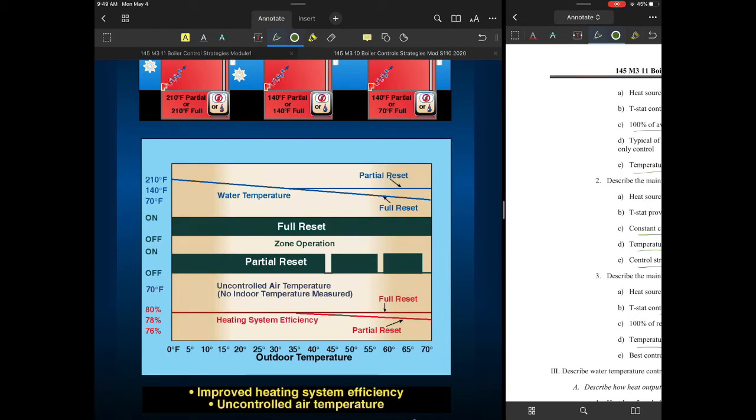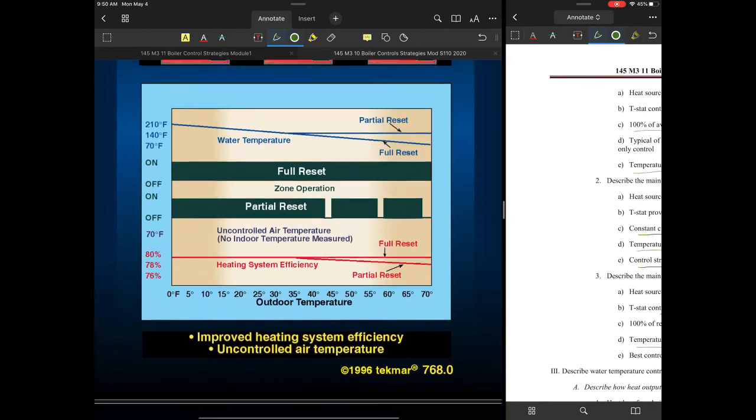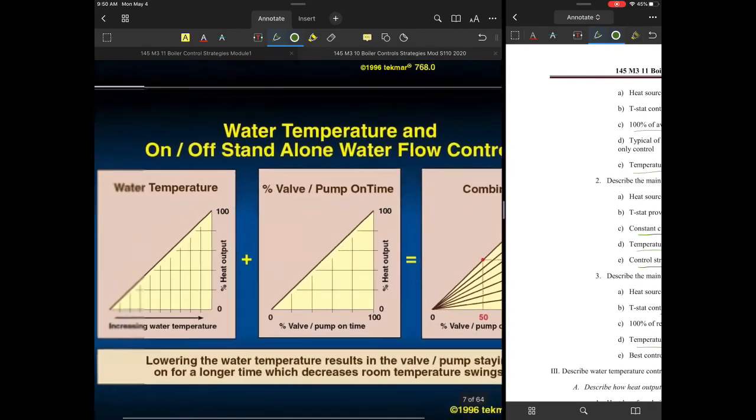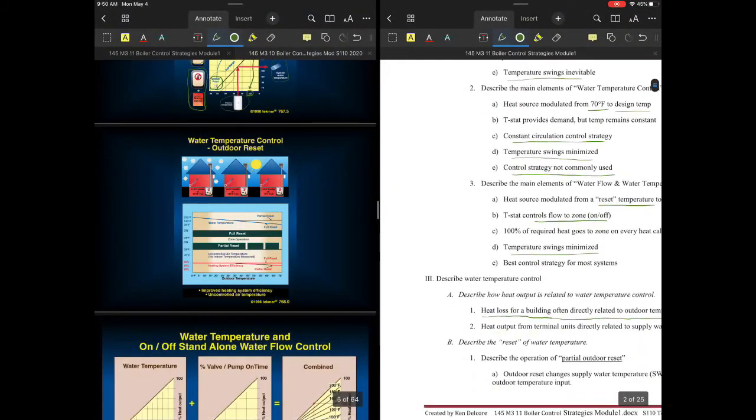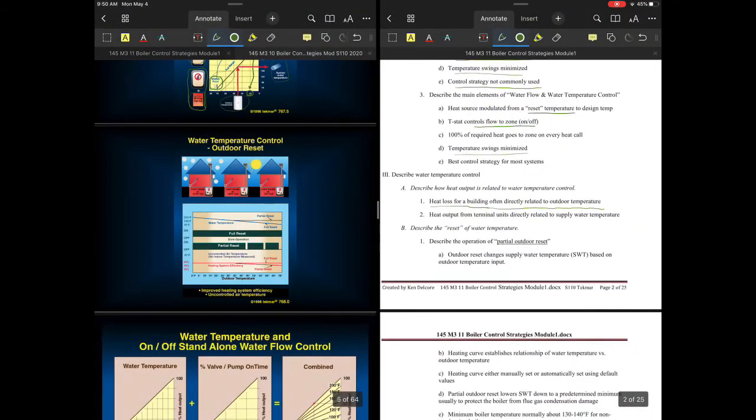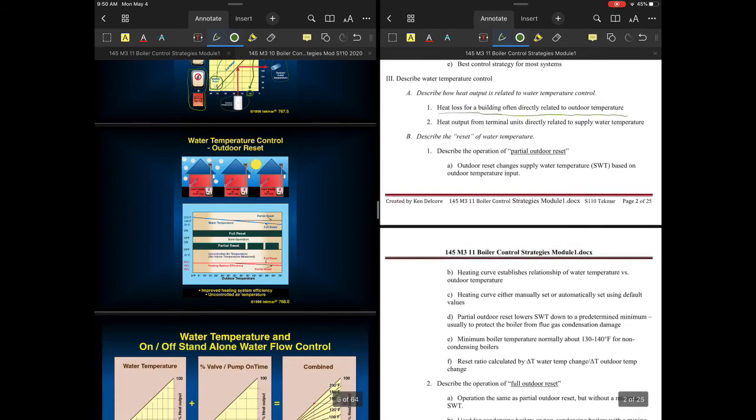A condensing boiler will benefit in every single way by being able to limit the supply water temperature constantly, to make sure that if it's warmer outside than the design temp, we do not want to be sending that high temp water out into those emitters. So that's the big thing there. Very important on the overall efficiency.